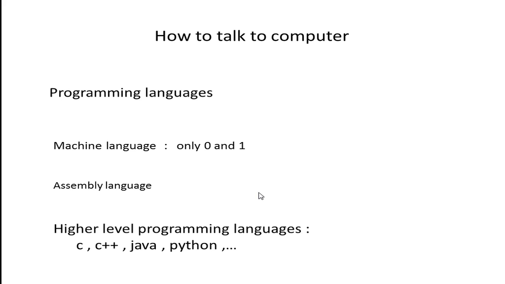After that, we have higher layer or higher level programming languages like C, C++, Java, Python, and so on. In every one of these programming languages, we just, for example, type print 5 or something like that, and we see that the computer prints the thing that we want.